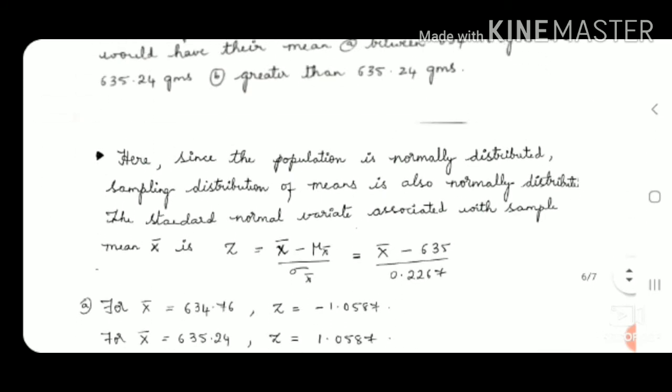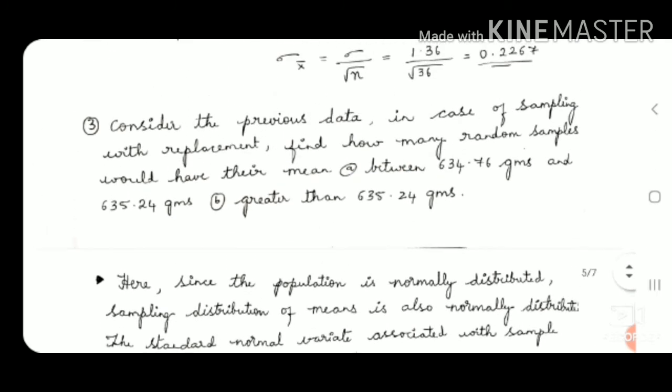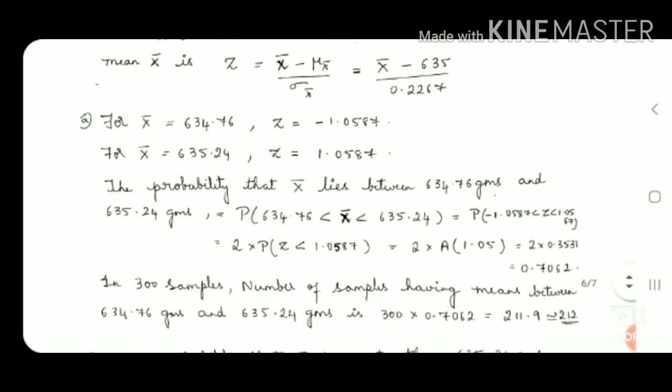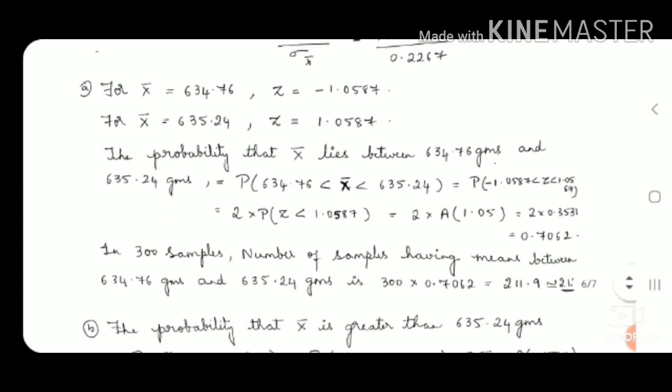So we need to calculate how many samples among 300 lie between the means 634.76 and 635.24 grams. For this, we calculate x bar lying between these two means. Substituting x bar in z, we get z lies between minus 1.0587 and plus 1.0587.